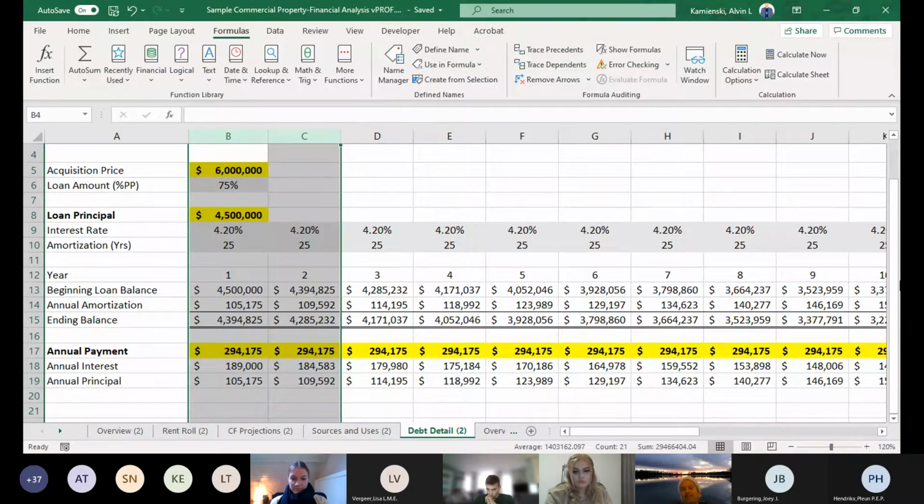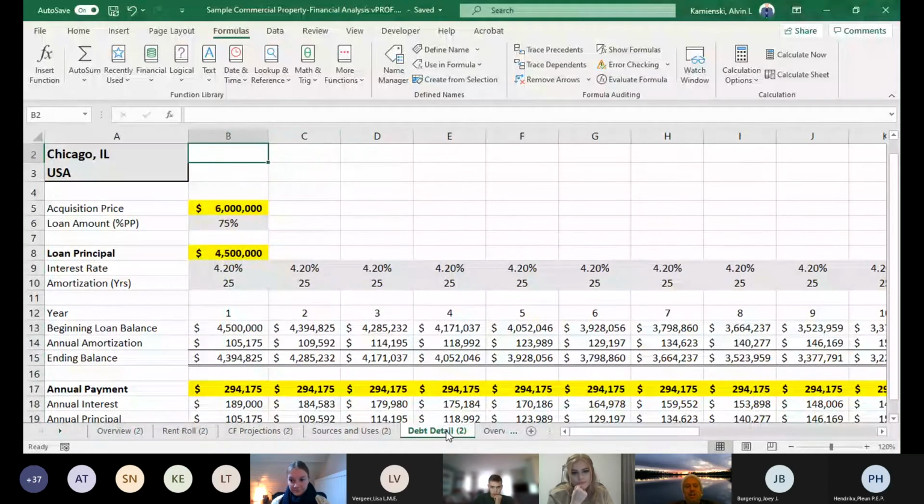So I can copy and paste so long as I set my spreadsheet up correctly.